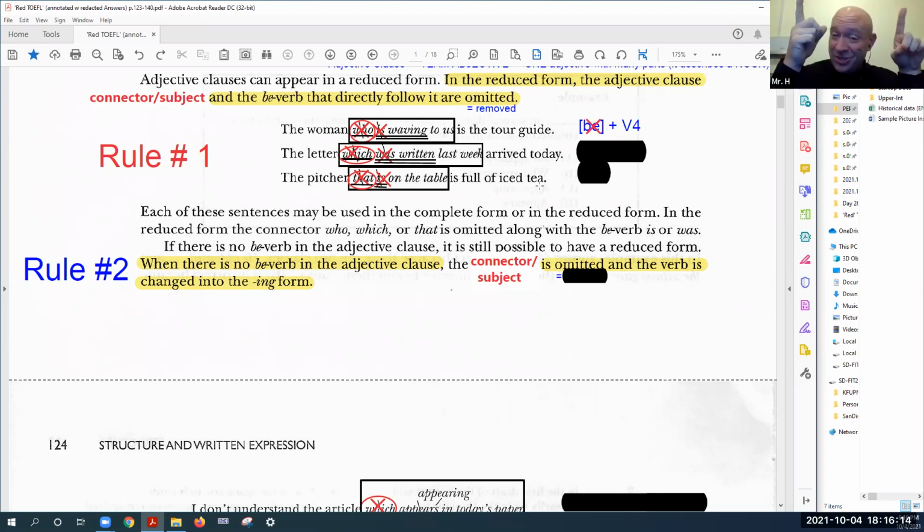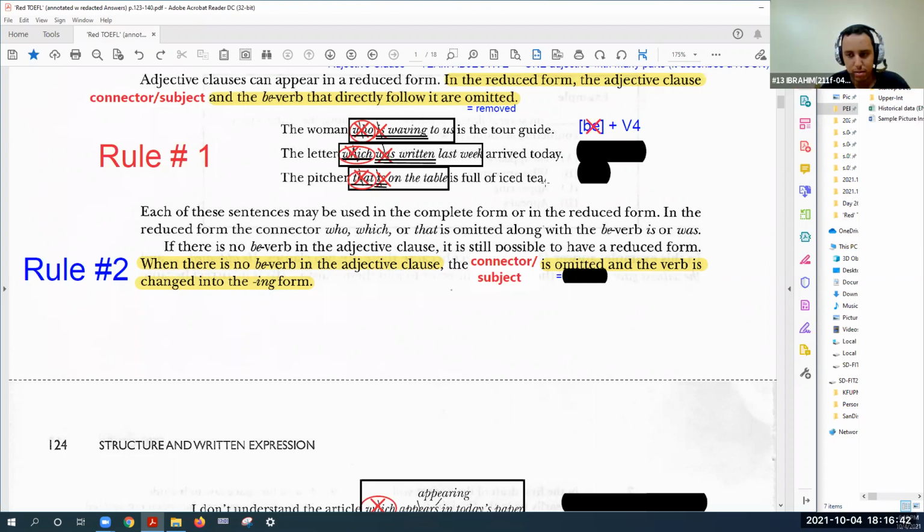That's right. It's two things: it is a connector and also the subject. And now if I remove the connector subject and I remove the be verb, what do we have? The letter written last week arrived today. That's right. This is reduced or a decreased team adjective, right?